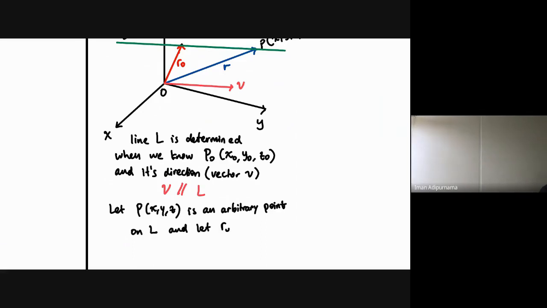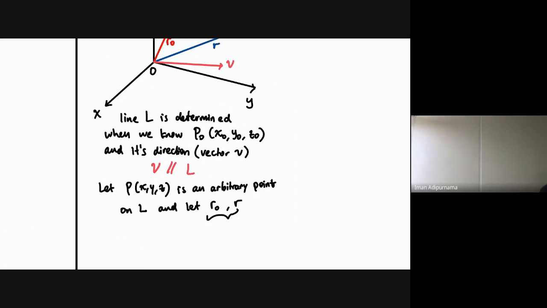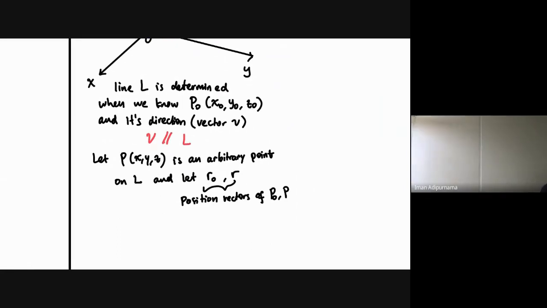And let R0 and R become the position vectors of P0 and P. So R0 is actually the vector OP0, and R is the vector OP.